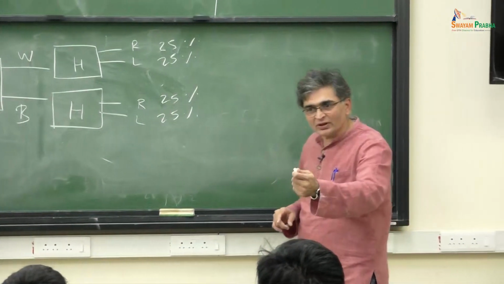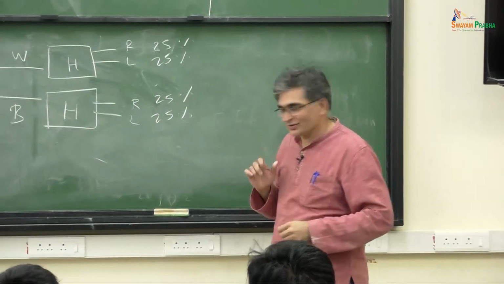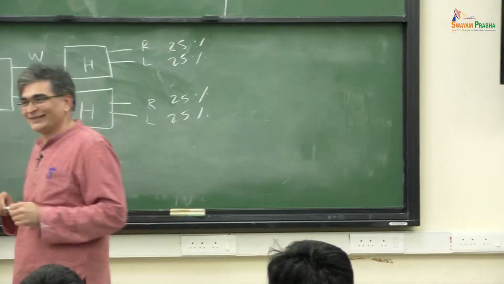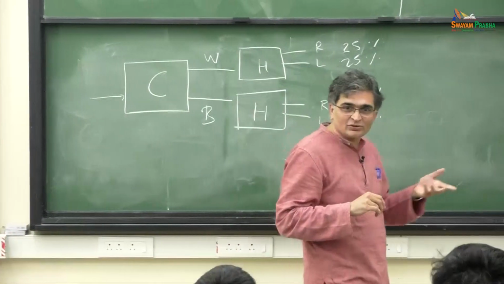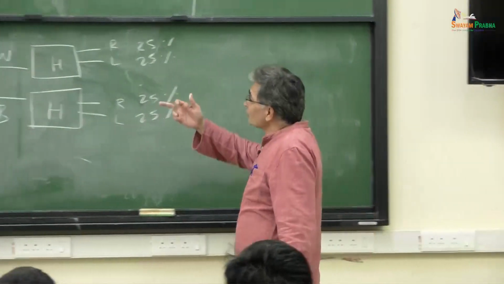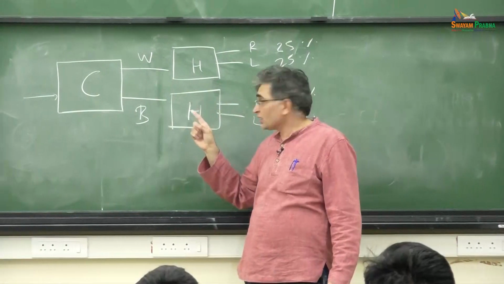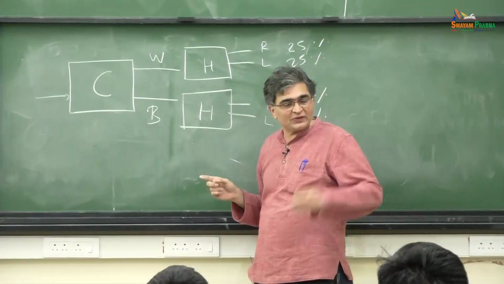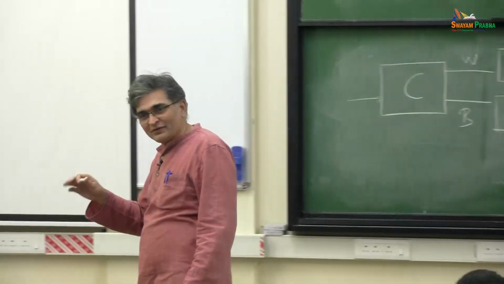One way in which Ashwin Ravichandran told, but you can also think of many other ways. One way is that, as I told you, you can collect all white electrons and put them in the hardness box and see what happens. 50% right-handed, 50% left-handed.